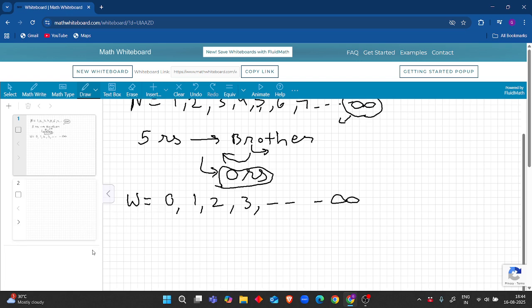Now take a situation in which I take a 50,000 rupees loan from the bank. Before taking the loan, the balance in my account is 0 rupees.